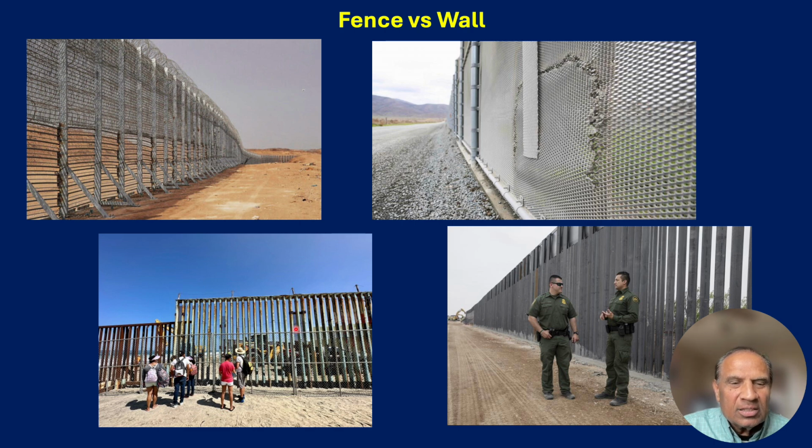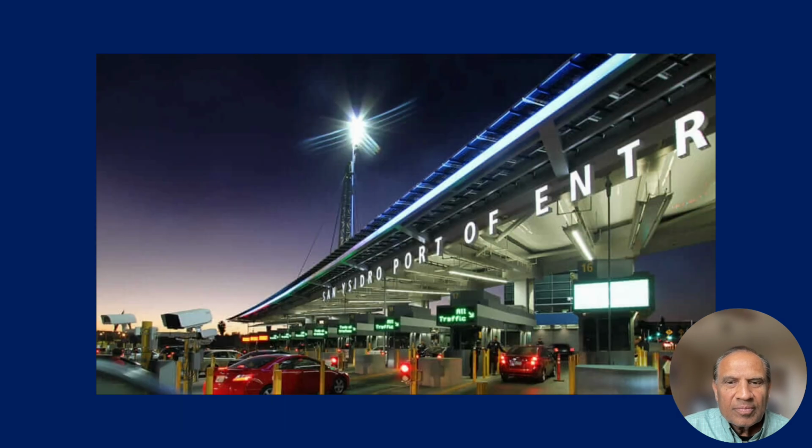But behind this wall or fence, on the other side, are the macrophages or lymphocytes. We call them the border security force. They will actually prevent non-allowable people from going further into the country. But we do allow some people to go through.